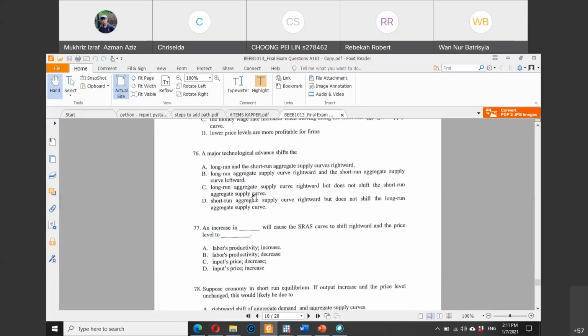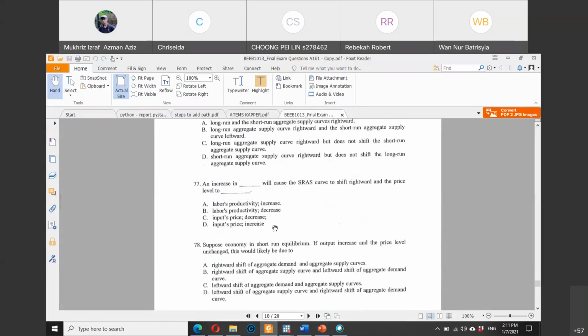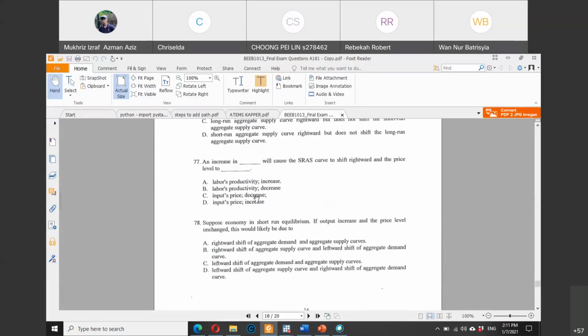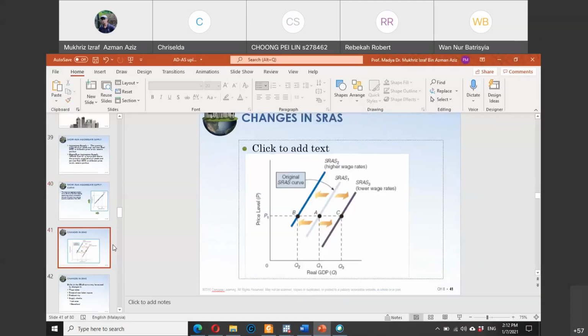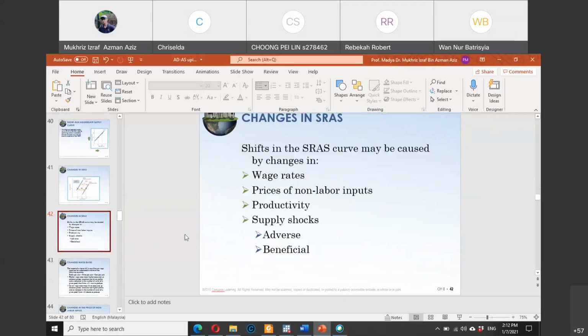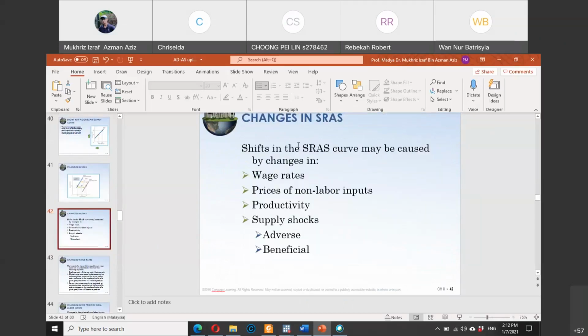Okay, so we skip 76. We do 77. We already discussed the reasons that can cause the supply curve to shift. The supply curve will shift because of wage rates, non-labor inputs, productivity, and supply shocks.